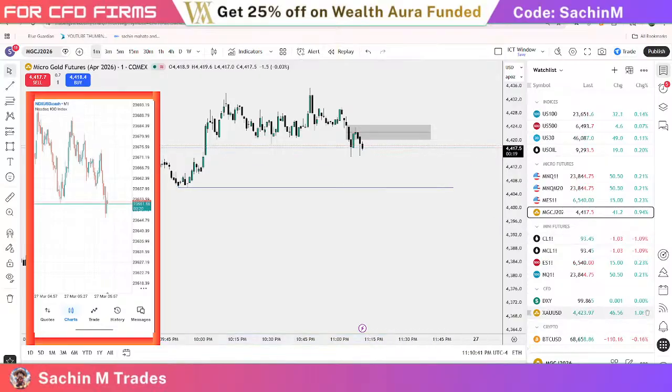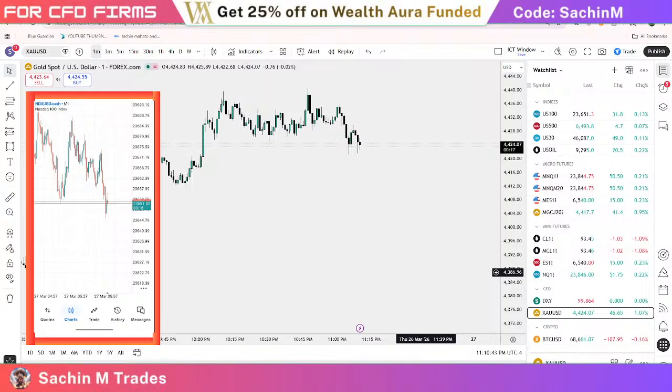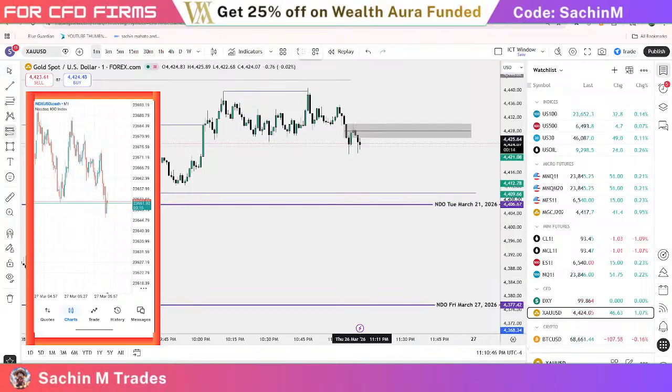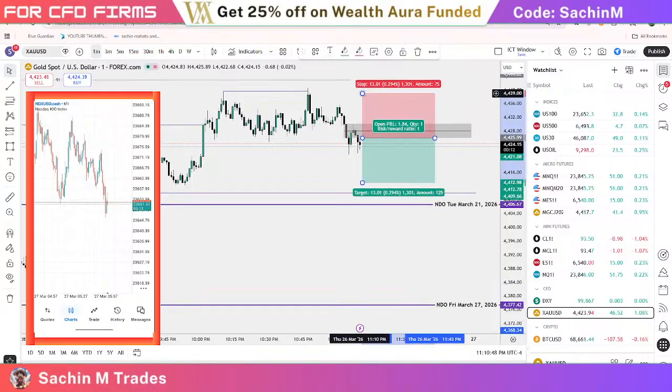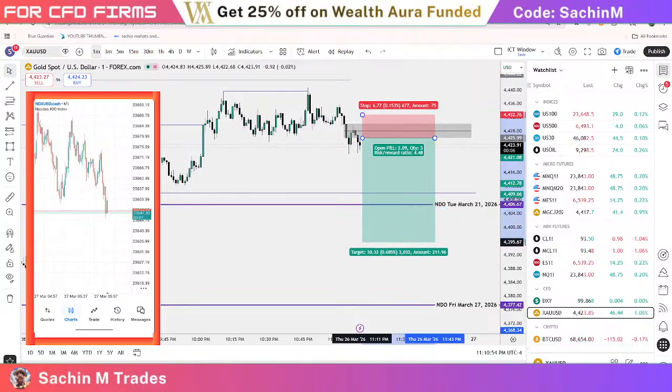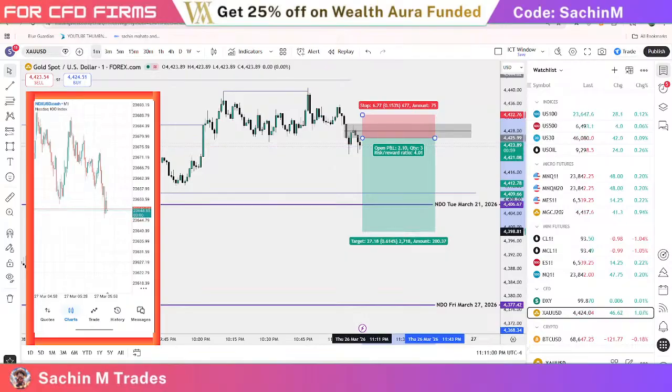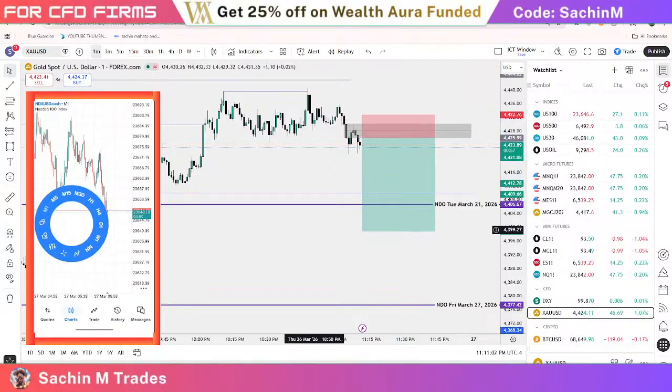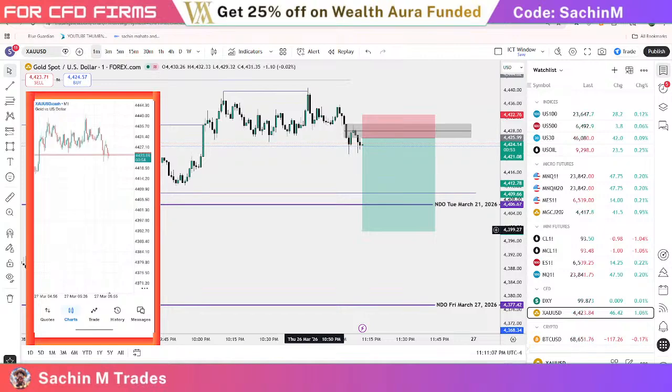Let's look at gold here. We enter here, stop loss goes all the way below the previous candle low, and target 1 is to 2, not 1 is to 4. Let's target 1 is to 4. Yep, here. Now let's mark the trade on our CFD account.